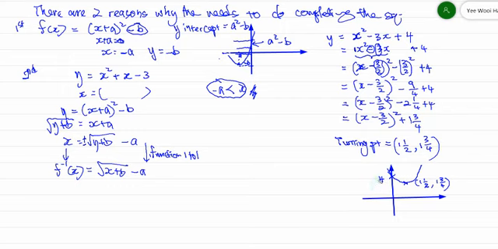Now, what happens if you have a minus x squared? What will you do? Y equal to minus x squared minus 3x plus 4. Remember, I said that you must generate a positive 1 x squared minus whatever x term.